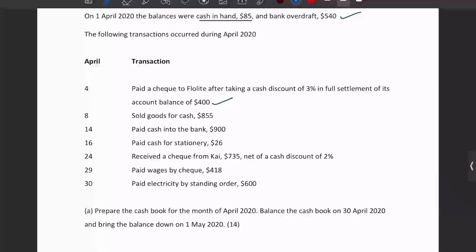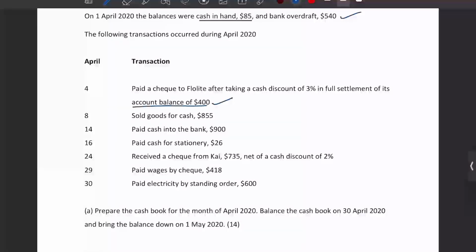Properly read and tell me. It is the amount that you have to pay.